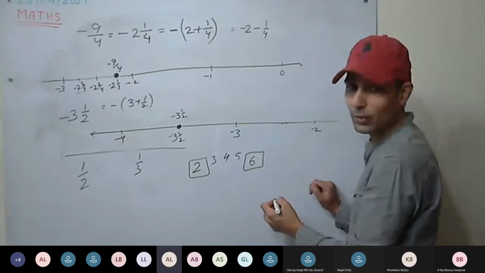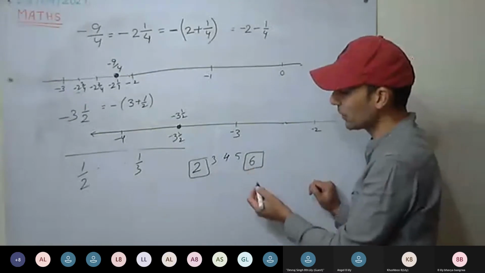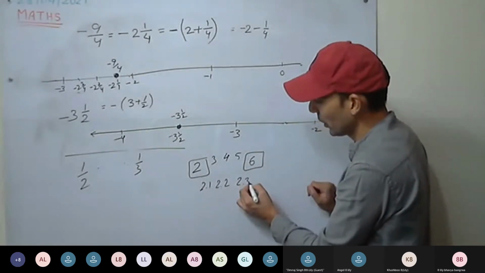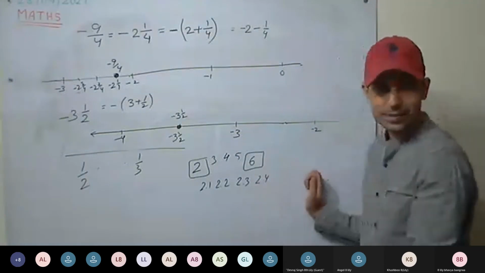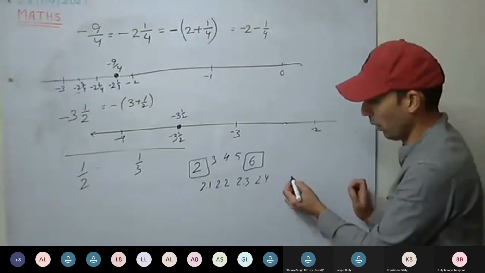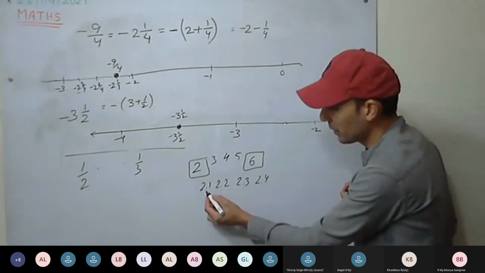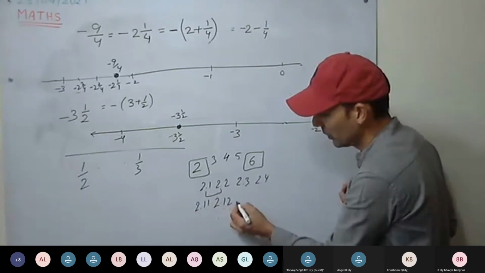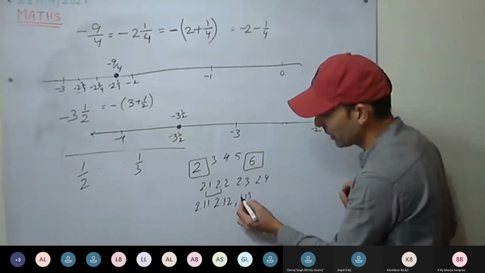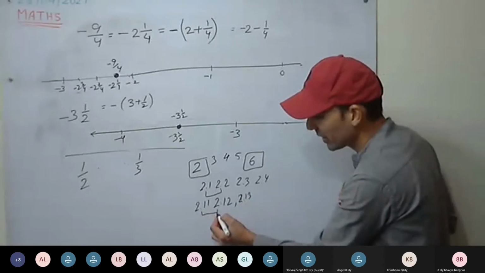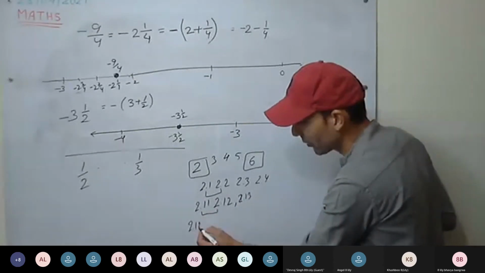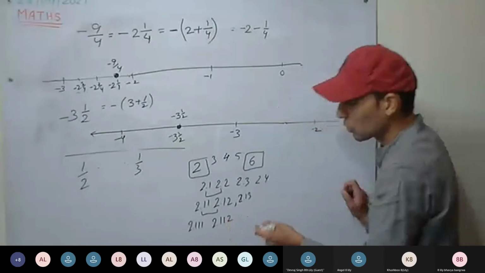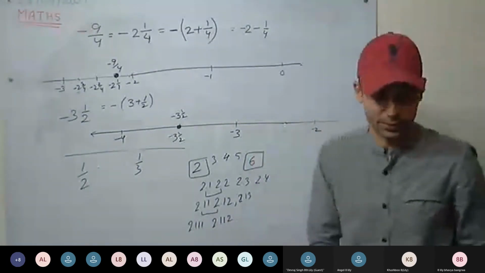There are finite numbers between 2.1, 2.2, 2.3. They are all rational numbers. Again, between these two, 2.11, 2.12, 2.13. Again, between these two, 2.111, 2.112. So we can insert infinite numbers between them.